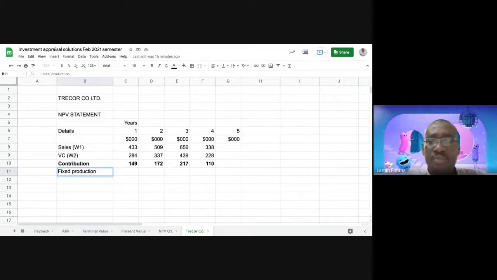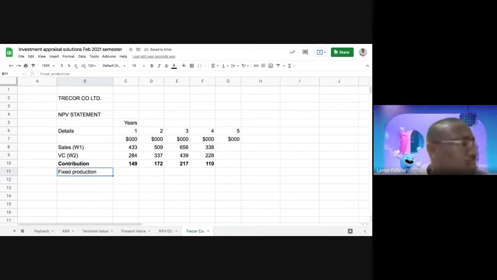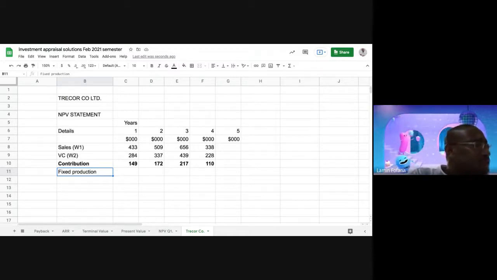Just say fixed production, okay? Fixed production overhead, right? The fixed production overheads, we've been told in the question, vary with the demand units, isn't it? And what's the cost as at now?